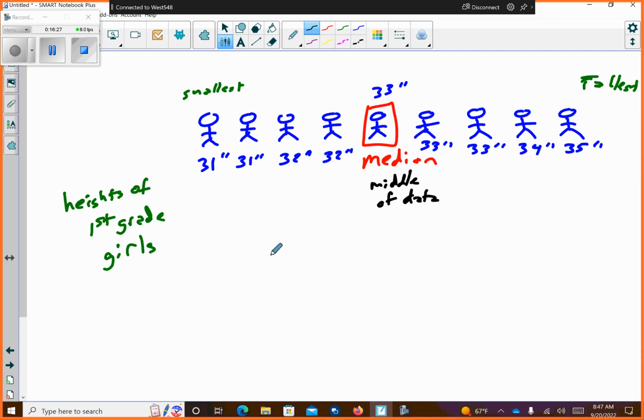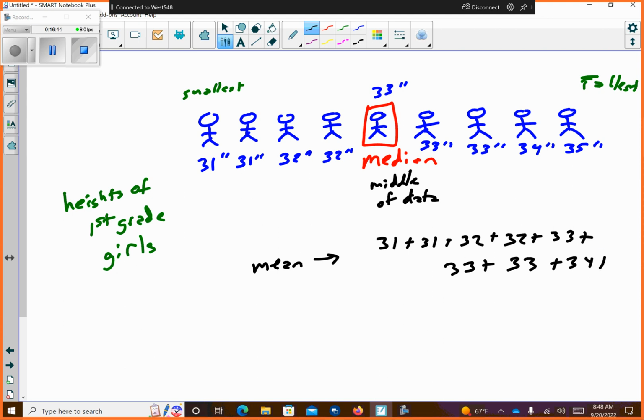Okay. If I wanted to find the mean, I'm going to add 31, 31, 32, 32, 33, 33, 33, 34, and 35, and I'm going to divide by the 9. Now, it would be purely coincidental if the mean actually came out to exactly 33.